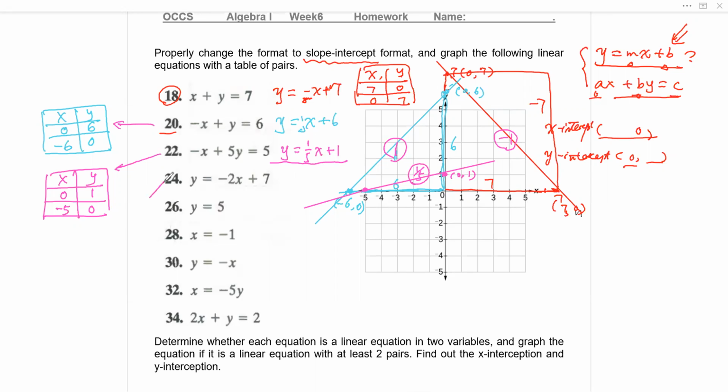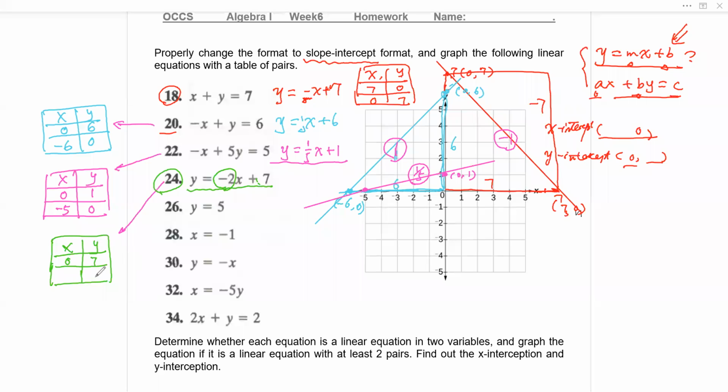All right, let's see 24. Let me change to a different color so you can make sure you can figure out 24. This one is already in slope-intercept format. The slope here is -2 and the y-intercept is 7. So we can build up this kind of table. x equals 0, y equals 7.